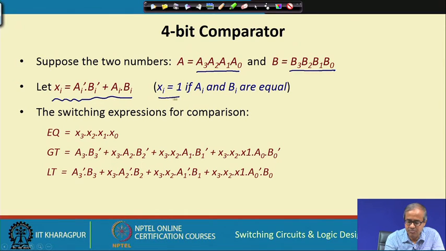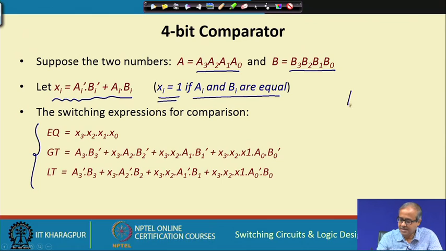That means, xi will be 1 if ai and bi are equal. Now, with this notation we can directly write down the expressions for EQ, GT and LT. A and B will be equal if all corresponding bits are equal, that means x3 is 1, x2 is 1, x1 is 1 and also x0 is 1, just AND of all 4.